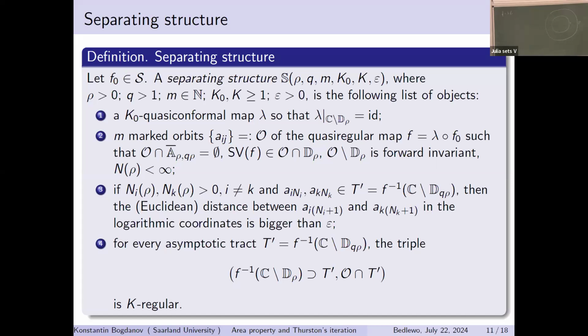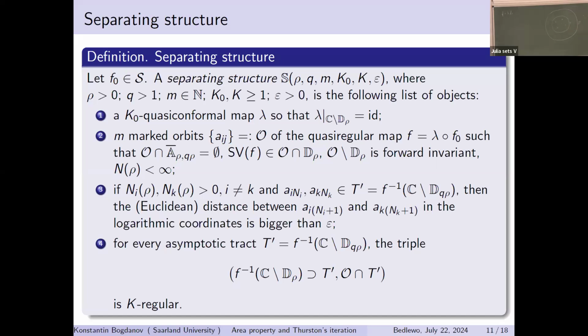Next, we assume that the singular orbits that we consider do not intersect the annulus. Also, our singular values are all inside of the disk. Whenever any marked point leaves this big outer disk, then it stays outside forever.